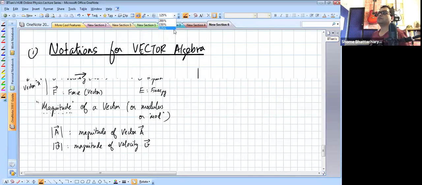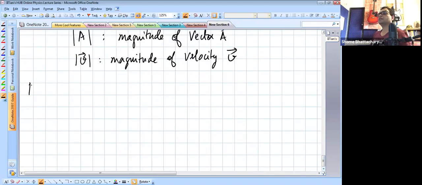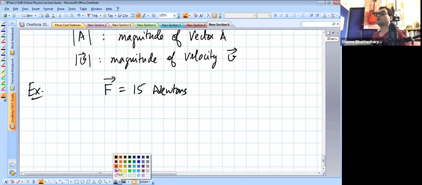So for example, now with this notation in mind, if I write an equation like this, that F is equal to 15 newtons, as an equation, this is now wrong. This is a technically incorrect equation.